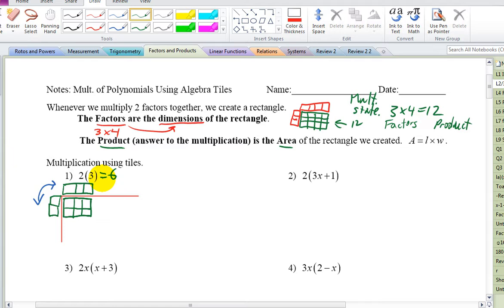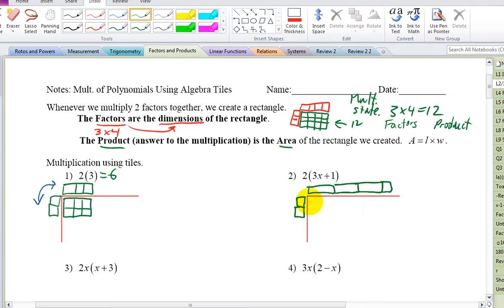So then last year you did these ones as well, 2 times 3x plus 1. So what this is saying is we have 3x plus 1, there's 1, 2, 3 x's plus 1, and we have 2 groups of those.